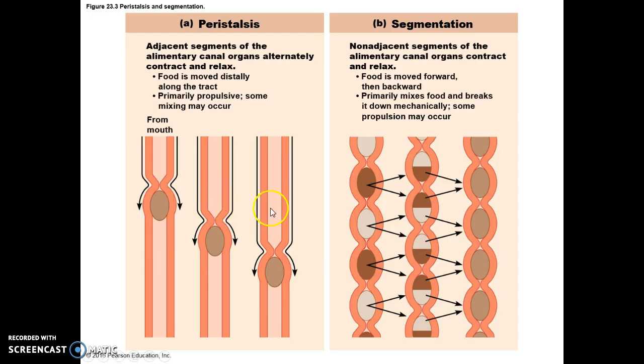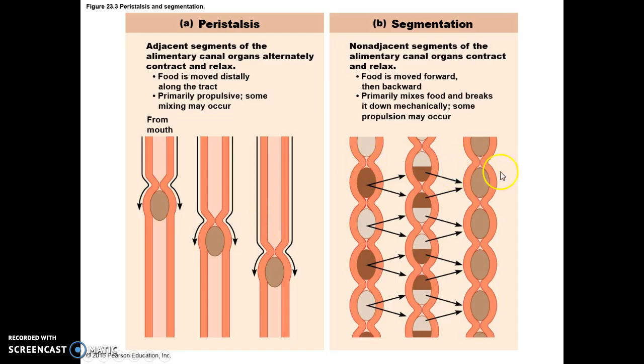There are 2 types of movement. The first one is peristalsis, as I said before. This one here, it is propelling the food in one direction. There may be a little bit of mixing, but predominantly it is just moving the content along the alimentary canal.